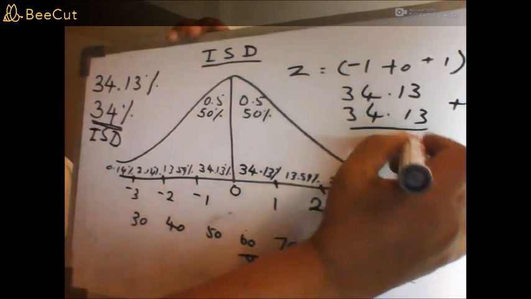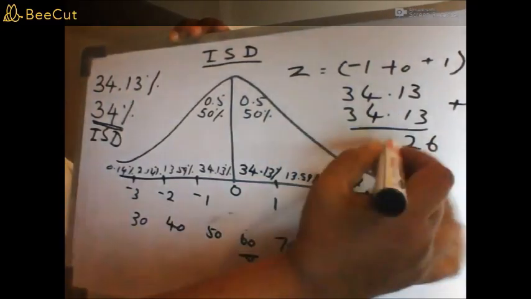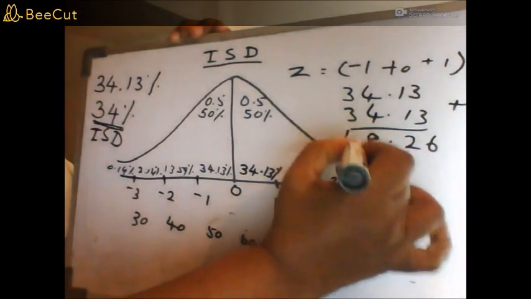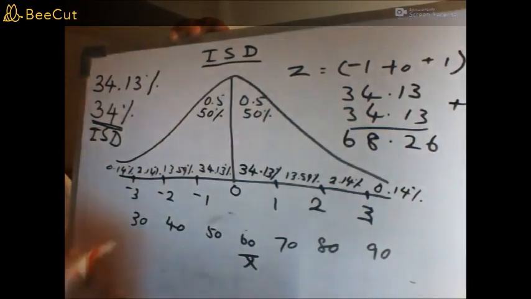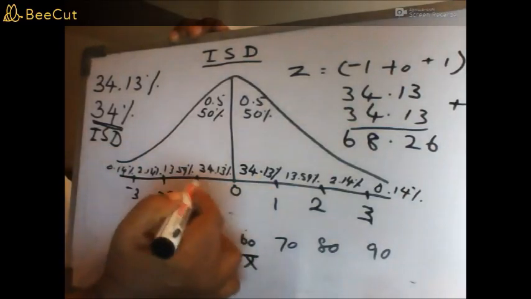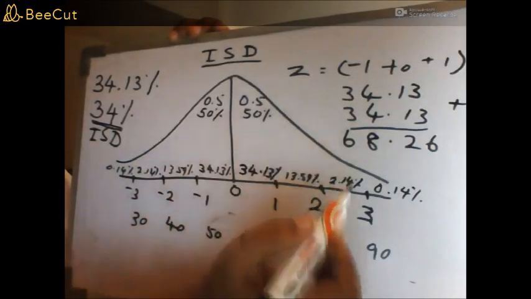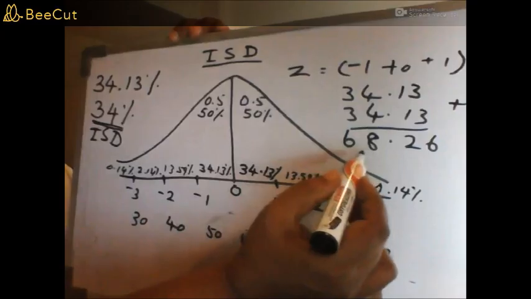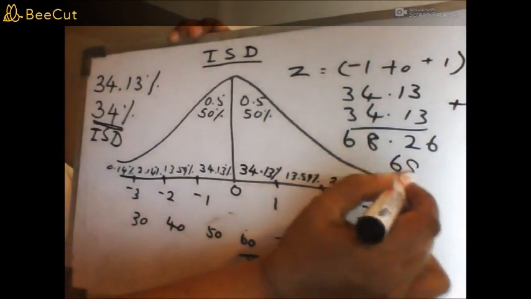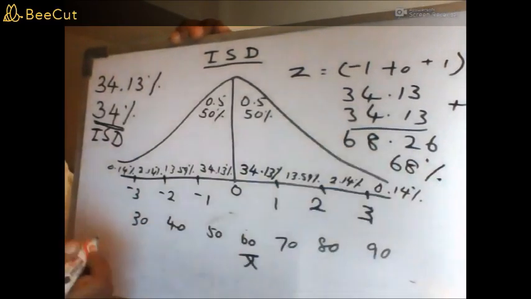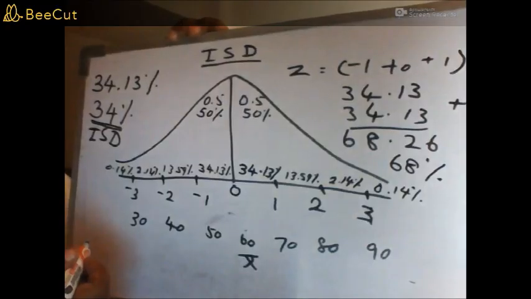What is that? 68.26. That is the probability between these two. Now, what is the ISD? The round number, 68. 68% is the ISD. ISD means cumulative probability.